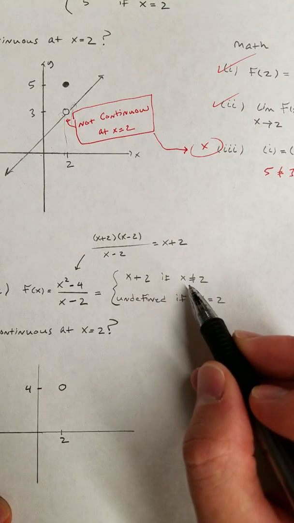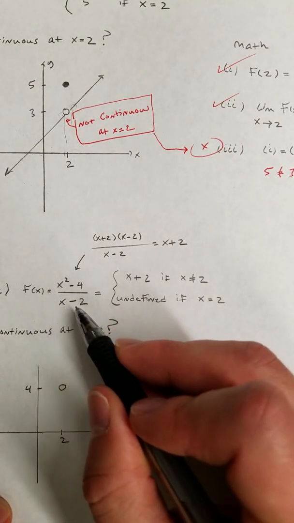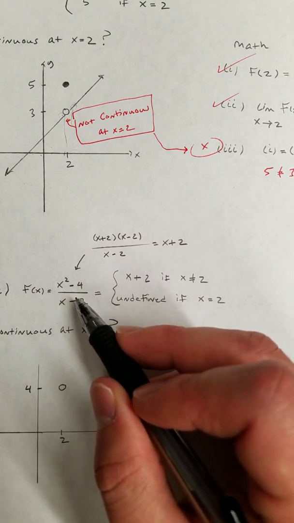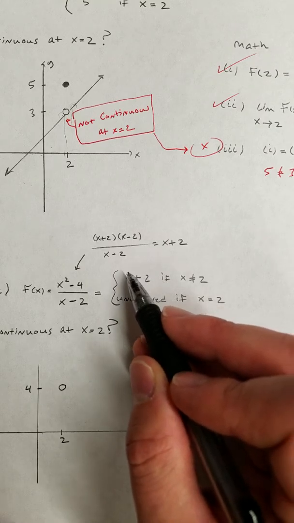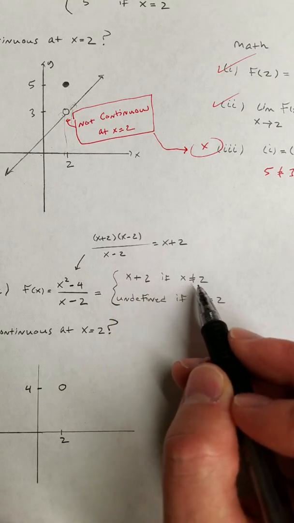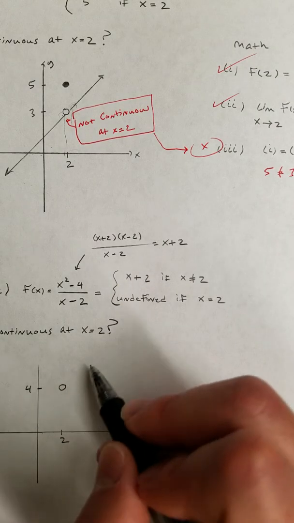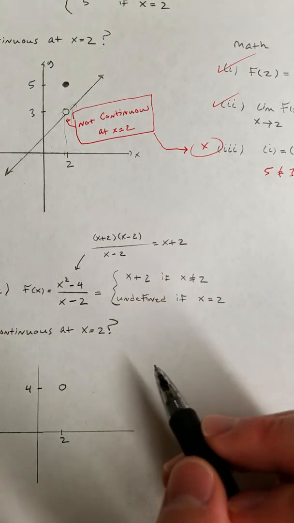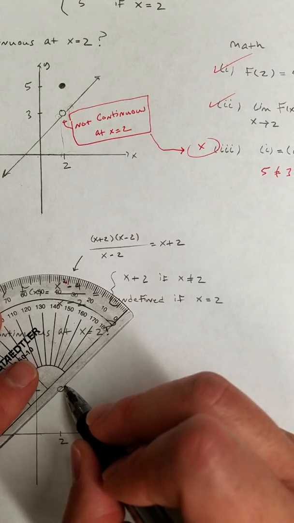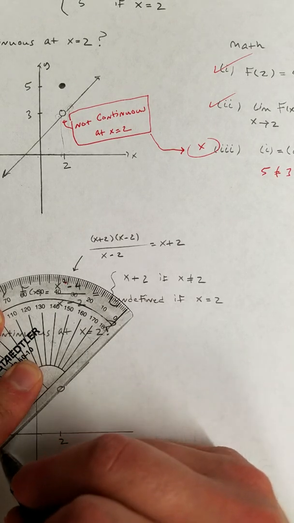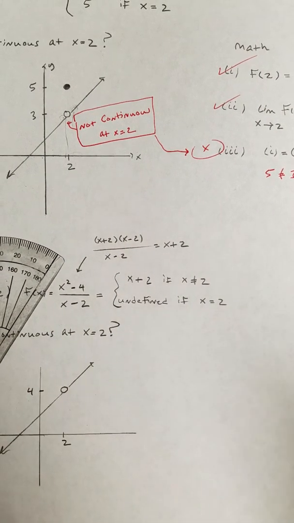But we've got to leave that one off because, in fact, this thing we started with, you cannot put 2 in. But so far as it reduces to this, and it's otherwise equivalent to that without 2, all the other points have got to be near 4. What are the rest of the points on x plus 2? It's a line. It has a slope of 2 and a y-intercept of 2. It looks something like that.